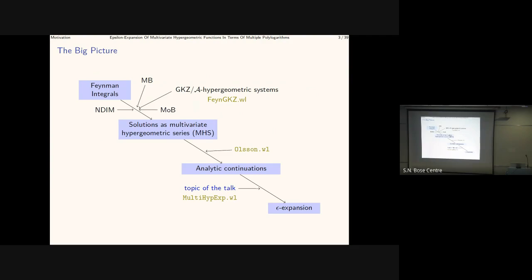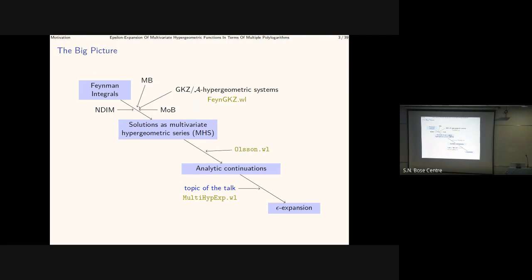And we have also developed one package called Olsson.wl, which is based on the method of Olsson, to find the analytic continuation. And finally, once you find your suitable analytic continuations, then you wish to perform a series expansion of that integral in terms of dimension. So this is the topic of the talk today.